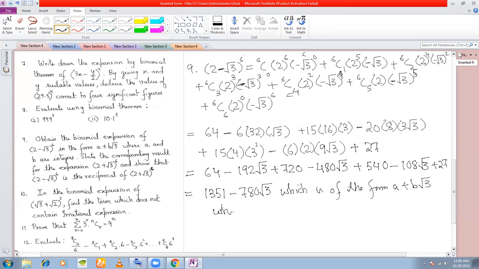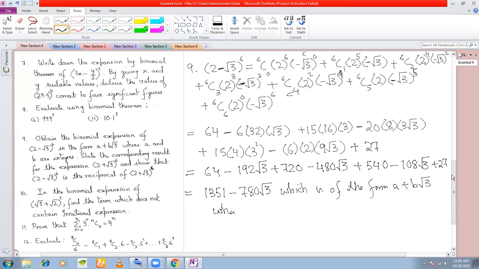This is what was asked. If you see in the question, they have asked you to express it in the form a plus b root 3. So where a is equal to 1351 and b is equal to minus 780, right? So that completes the first part of the problem.